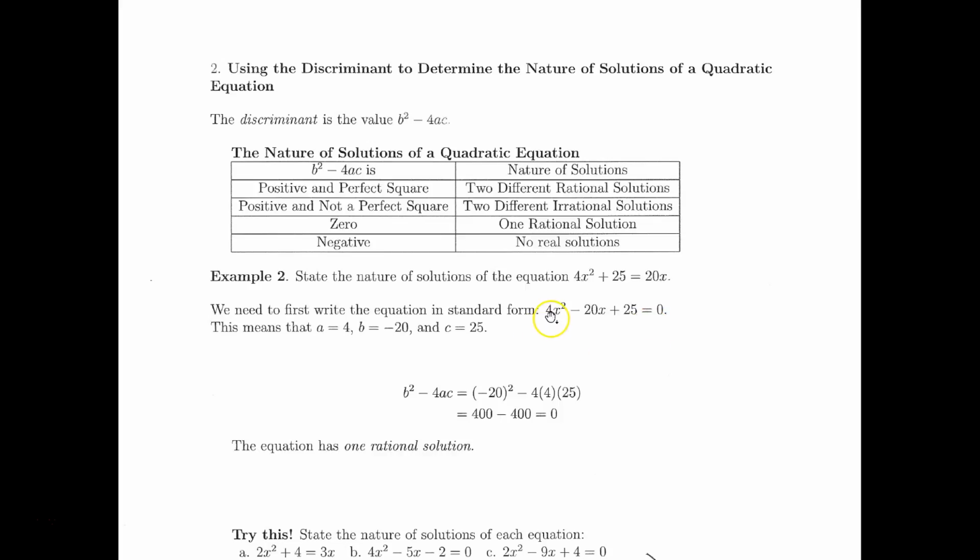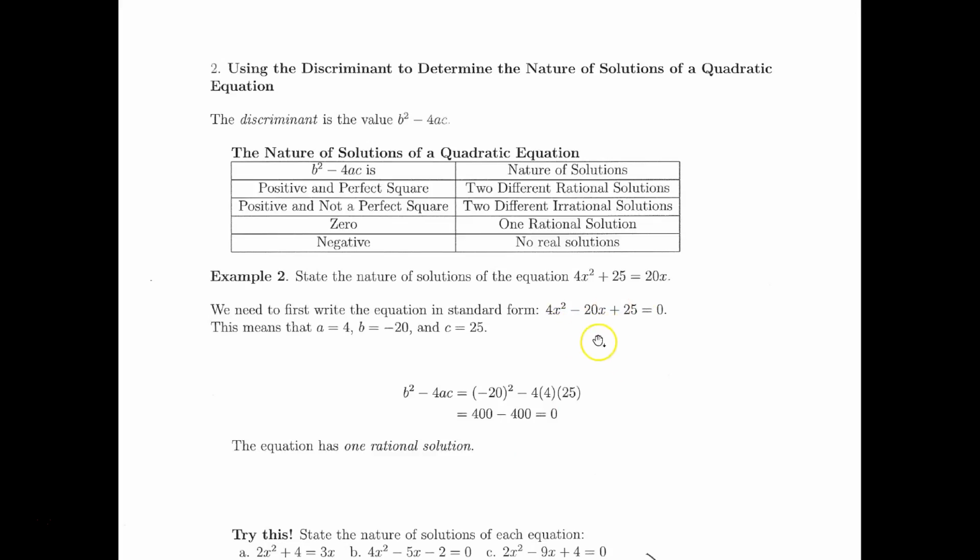So a will be 4, b will be negative 20, and c will be 25. And when we take b squared minus 4ac, we'll have the opposite of 20 squared minus 4 times 25. So we'll have 400 minus 400, which is 0. So because we get 0, we know that the equation will have one rational solution.